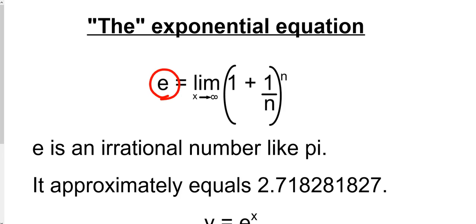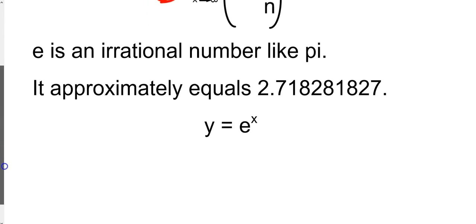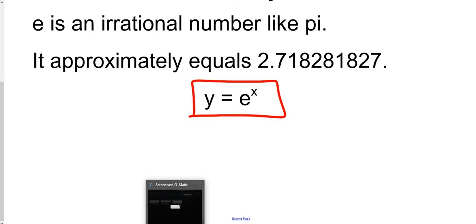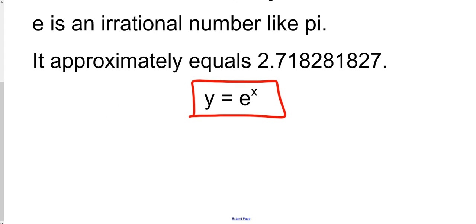So you'll get to see E again at a much later date, but this is what we call the exponential equation, y equals e to the x. This is the one that when we think about exponential equations, this is what we think about. Okay, so there really are other exponential equations out there.